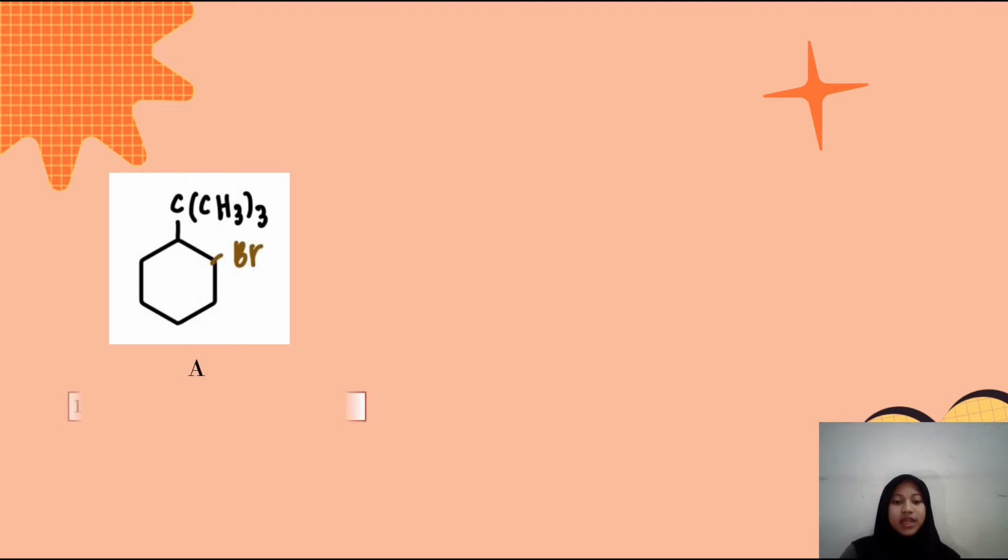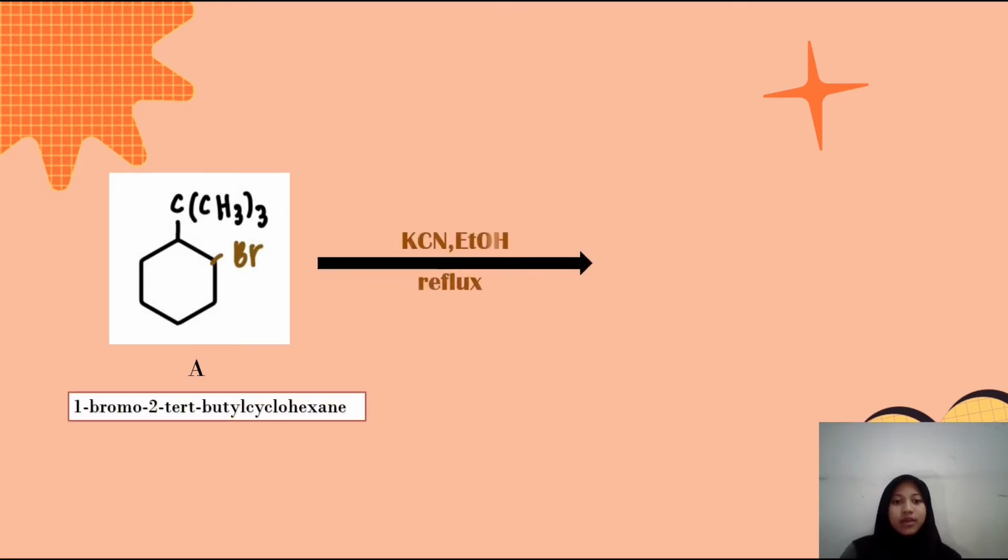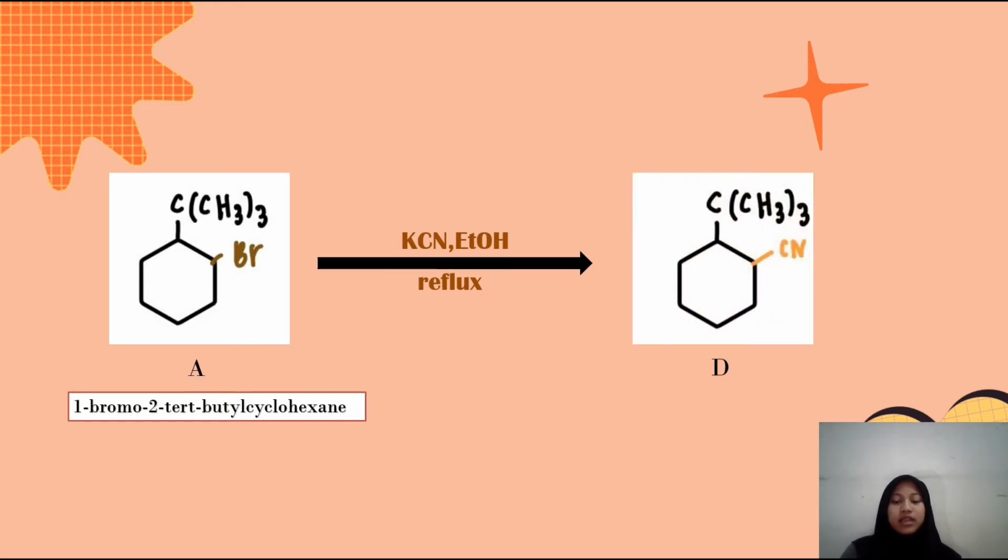Next, structure A, 1-bromo-2-butyl cyclohexane, reacts with potassium cyanide and ethanol in reflux, producing structure D. The name for structure D is 1-butyl-2-cyanocyclohexane.